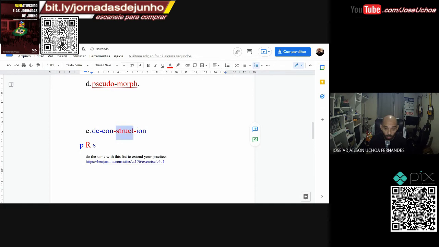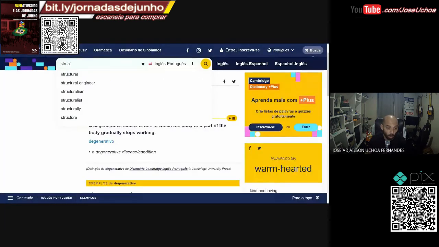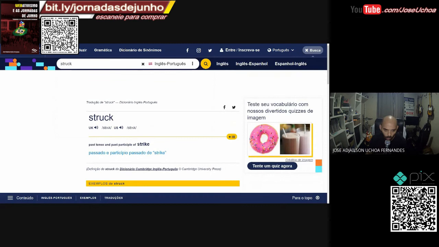Well, you conclude that when you go to the dictionary. Struck leaves me with ambiguities because we have struck with a K. Let's see if the meaning is related. Past tense and past participle of strike. Now, strike does not have to do with structure, structural.